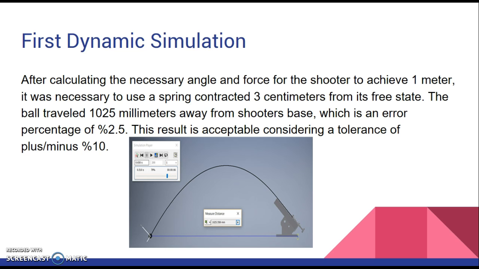With our first dynamic simulation, we noticed that the shooting was right with our calculations. It was 1025 millimeters, which is 2.5% of error.